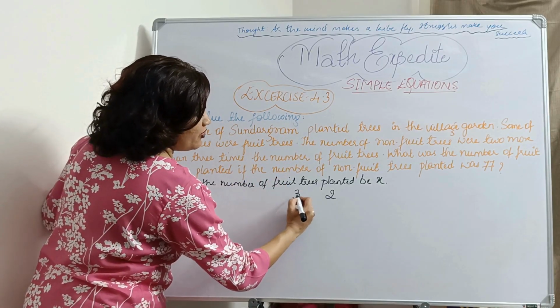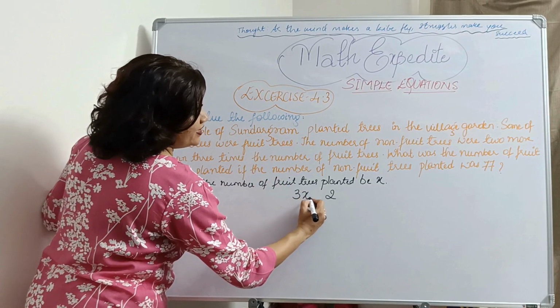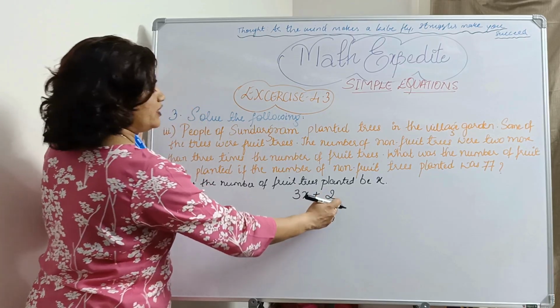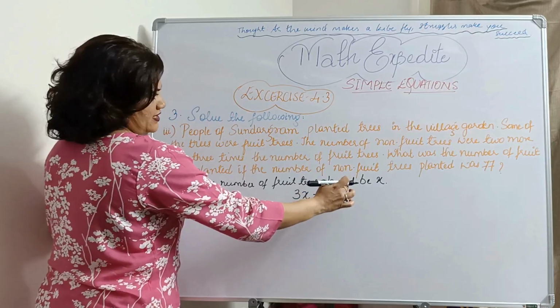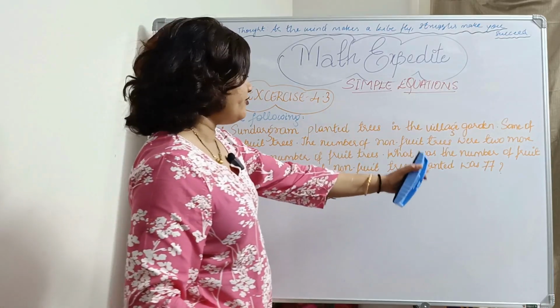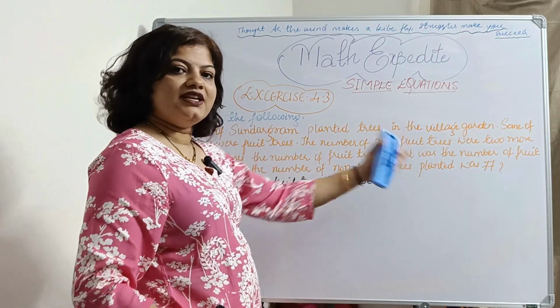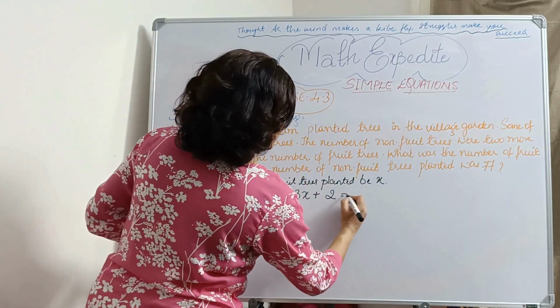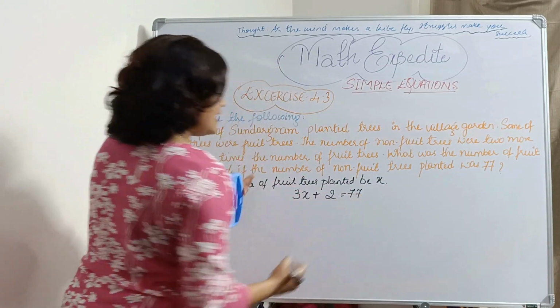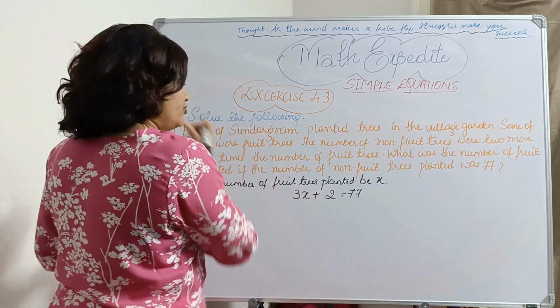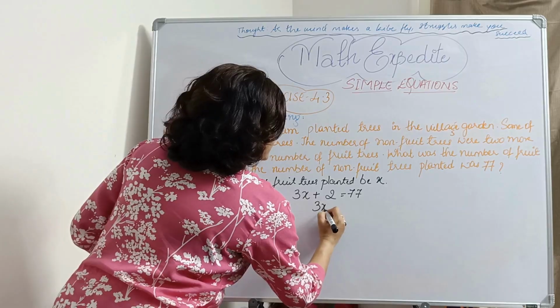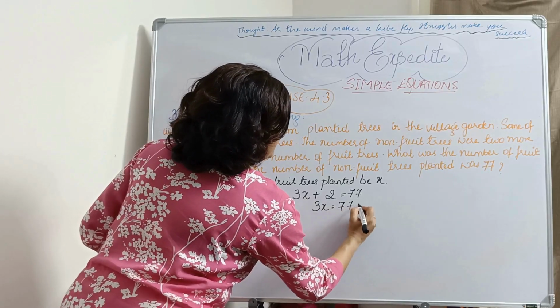So 3 times the number of fruit trees will be 3x, isn't it? 2 more than 3 times the number of fruit trees. And what was the total number of non-fruit trees planted? It was 77. So this is the equation. Let us solve to find the number of fruit trees. 3x is equal to 77 minus 2.